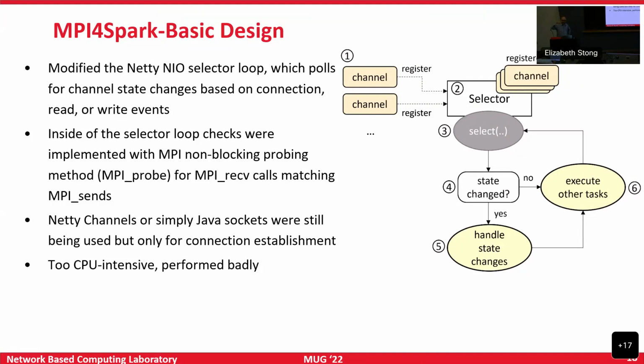It would continuously do this inside a while true loop. And all of us know while true loops are bad. So this design was working. However, it did not give us good results. It was too CPU intensive and it performed badly.